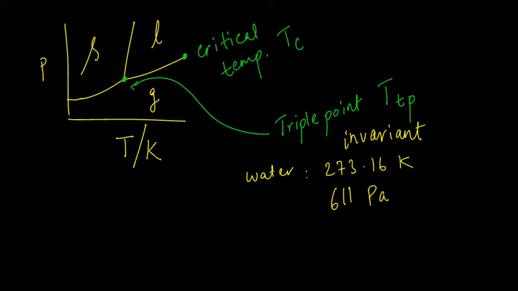If I change the pressure, I do not have any control over this melting point. It's fixed. So the degree of freedom is 1.